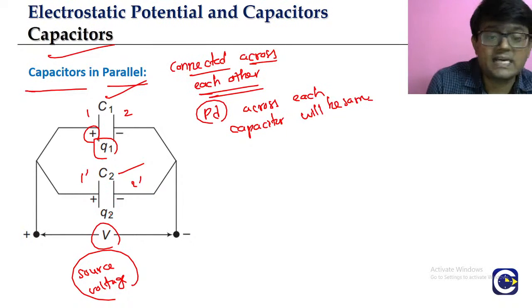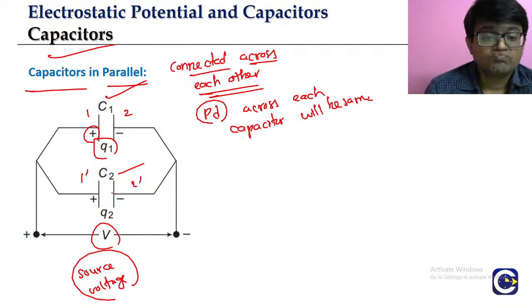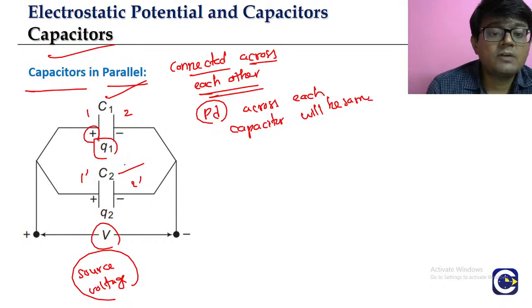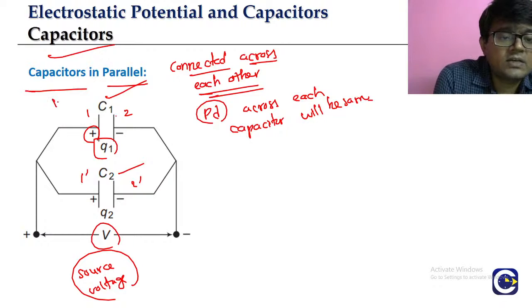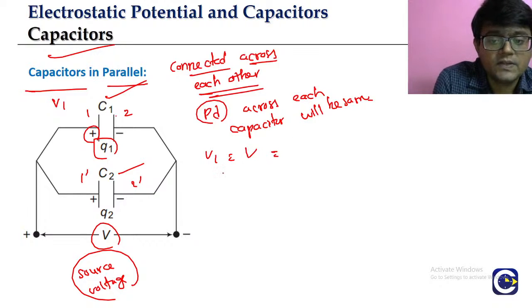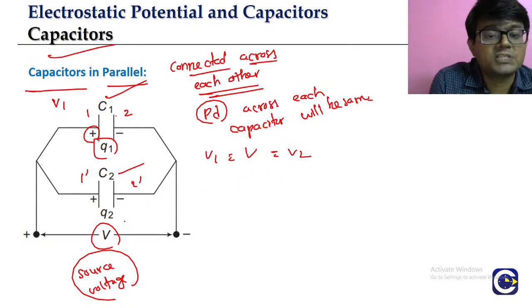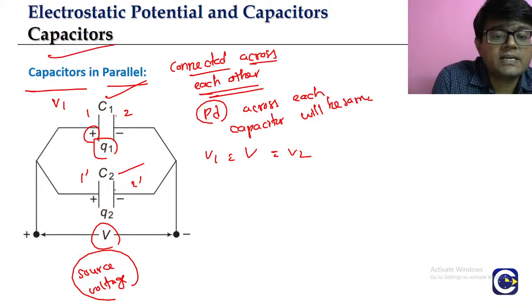Capacitor 2 will get a charge, its value is Q2. What is common for both of them? Potential difference. Each of them is connected across the cell, which means what? Potential difference across capacitor 1, V1, will be the source potential. Potential difference across capacitor 2 is also equal to the source potential. Why? Because both capacitor 1 and capacitor 2 are kept in parallel to the source.